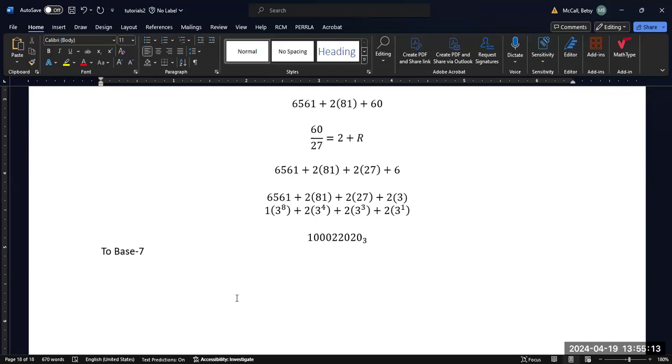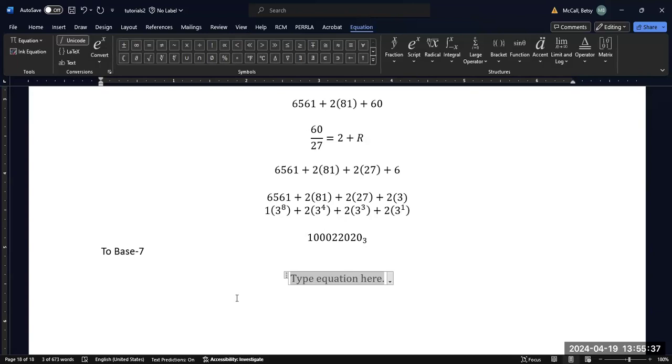And the next power of 7, 7 to the 5th, is 16,807, which is definitely bigger than our 6,783. So basically our first power is going to be 7 to the 4th, which is 2401.